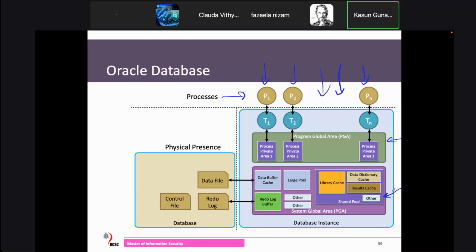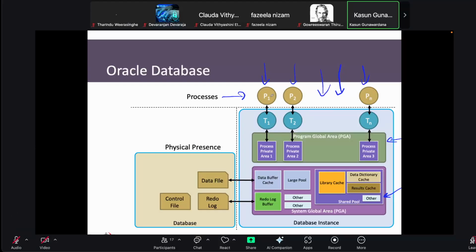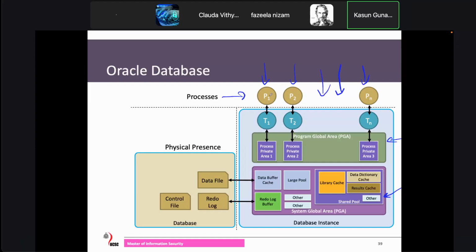Program global area is a private memory region for each database session or process. You know that each session will be interacting with the database as a separate session or task. So this task will create a process private memory region, which is allocated within this program global area.